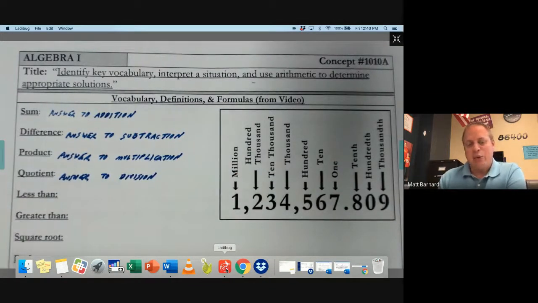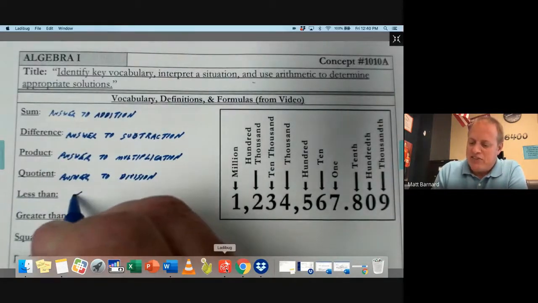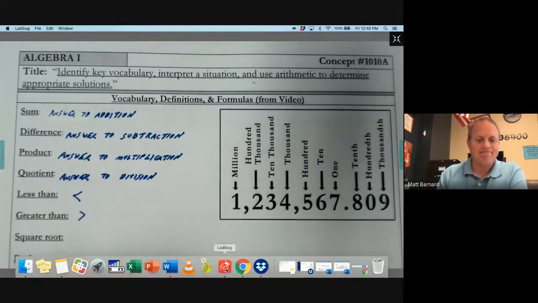Now, less than and greater than, they can mean a lot of things, but we need to be aware of the symbol that stands for each. So this is the less than sign, and this is the greater than sign.